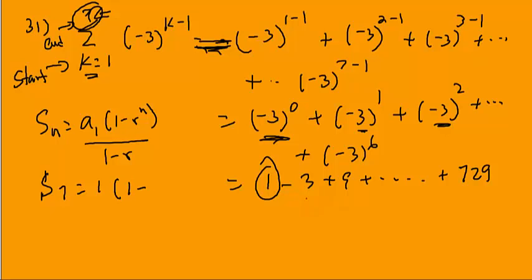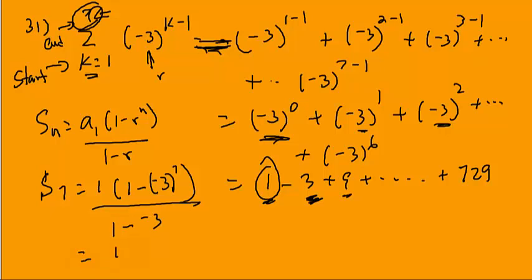Well, the ratio is you take any number divided by the previous one. So negative 3 over 1 is negative 3. 9 divided by negative 3 is negative 3. But it's also given to you right there. There's my ratio, negative 3. So it's negative 3, and then we're going to raise that to the 7th power, all that over 1 minus the ratio, which is negative 3.